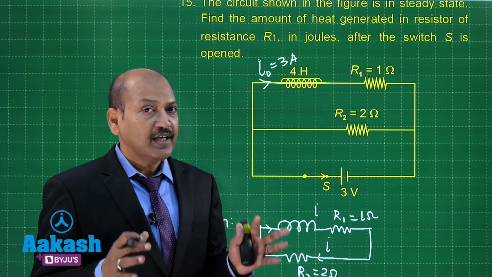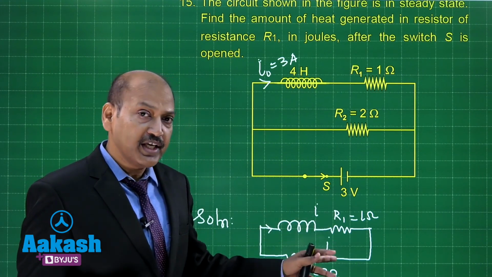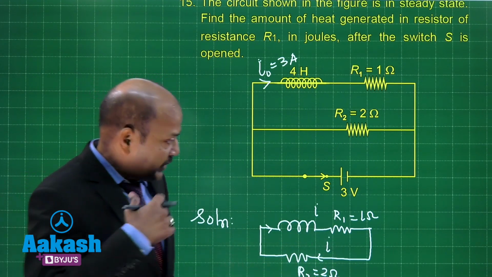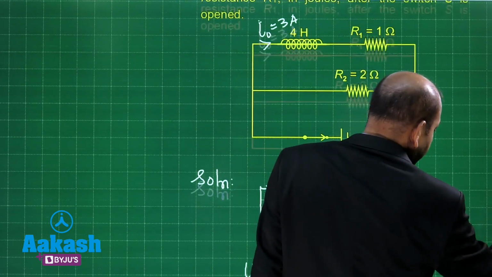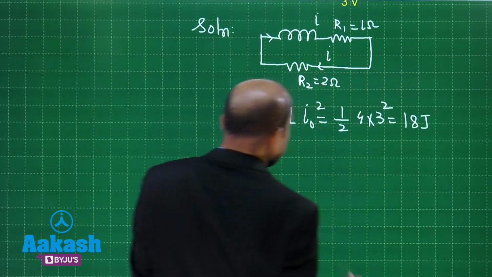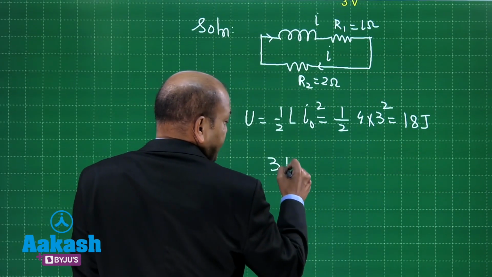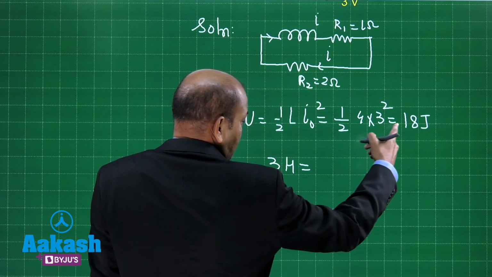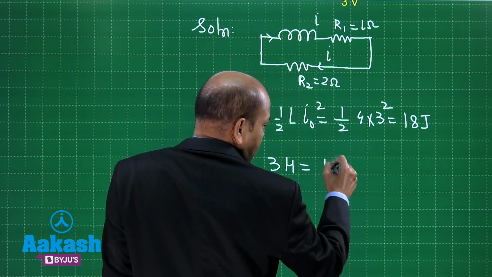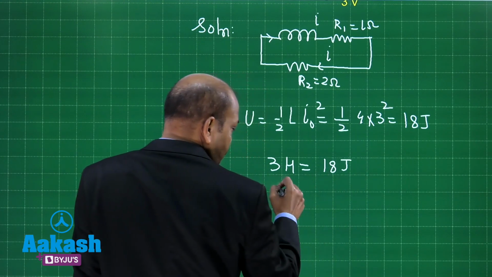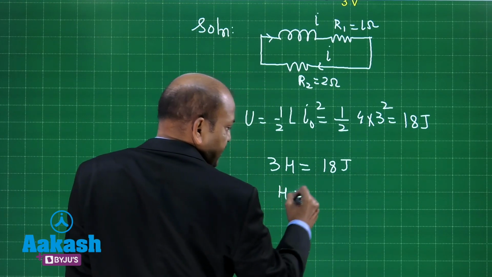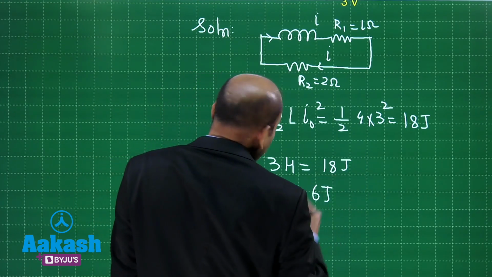So, the total heat dissipated will become 3H, where H is the value we are interested in. So, 3 times H is equal to 18 joule, and so the heat produced in R1 alone, which is H, is going to be 6 joule.